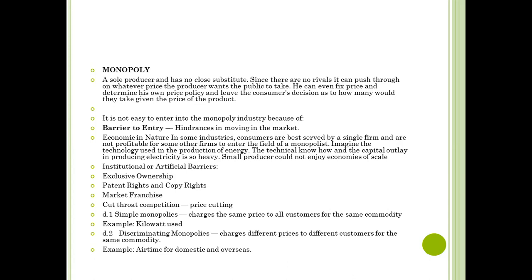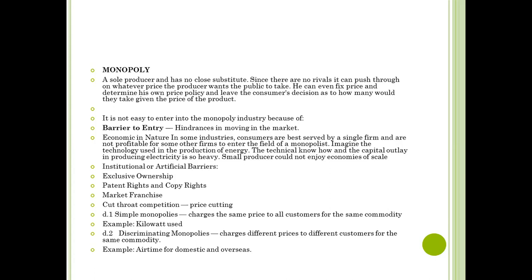Barrier to entry is the hindrances in moving into the market. What are these? We have the economic in nature. In some industries, consumers are best served by a single firm and it is not profitable for other firms to enter the field of monopolies.